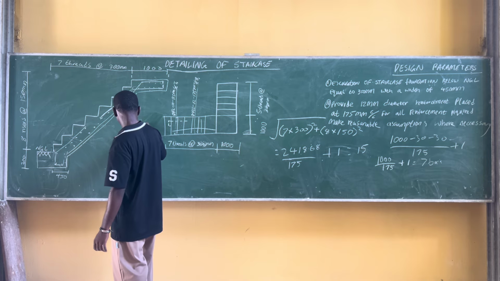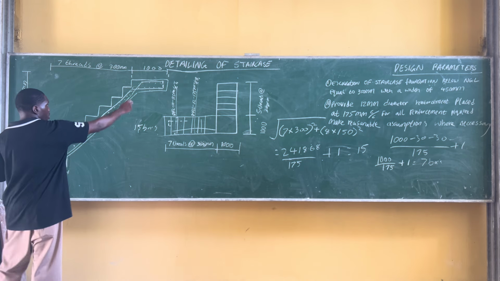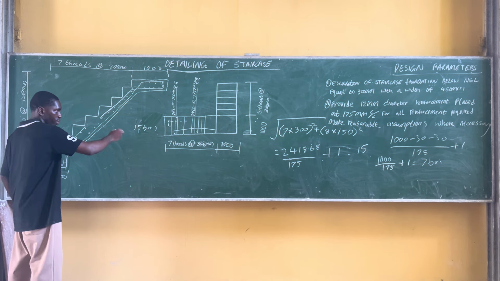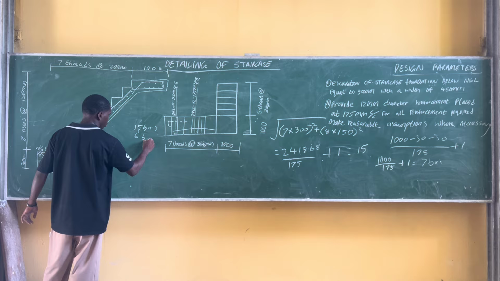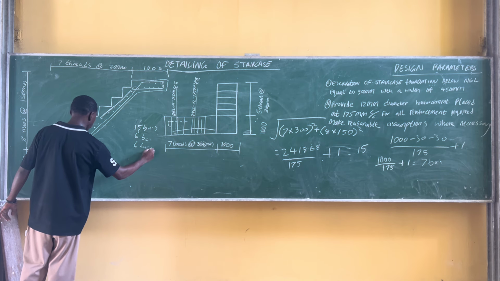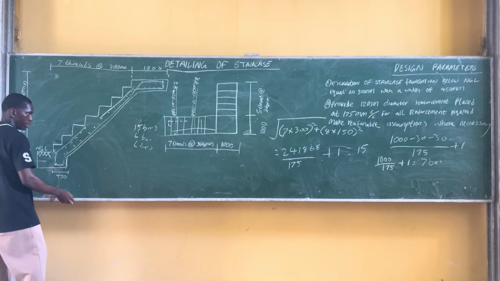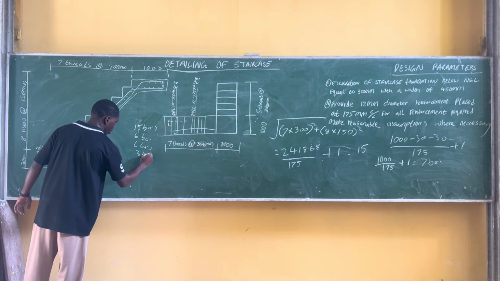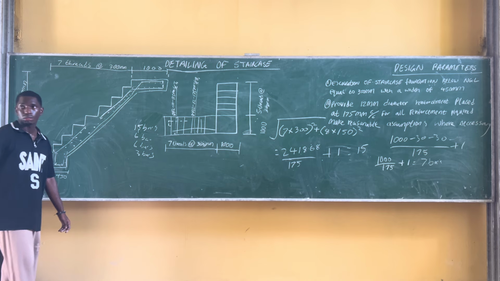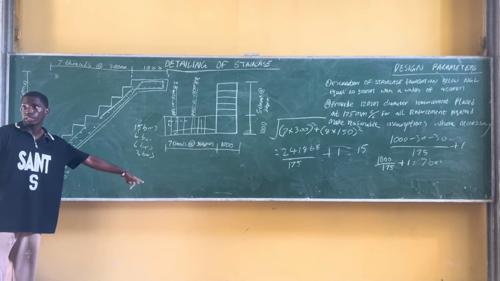I'll write 15 here. Then this top reinforcement, you got 6 bars. And this bottom, you got 6 bars. Plus 3, we indicate it. Plus 3 bars. If you add 15 plus 6 plus 6 plus 3, what are we getting?